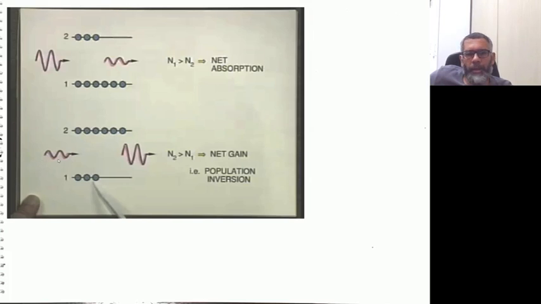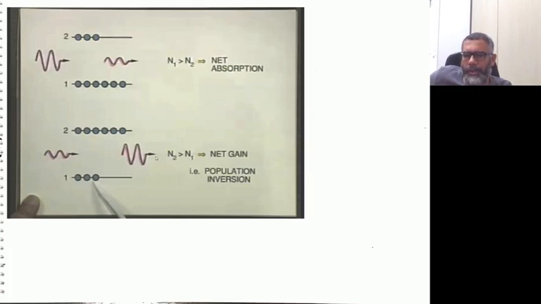If you send some initial light with a frequency equal to the energy difference over here, you will produce amplified light, equal in energy to the incoming light and larger in amplitude, or intensity.